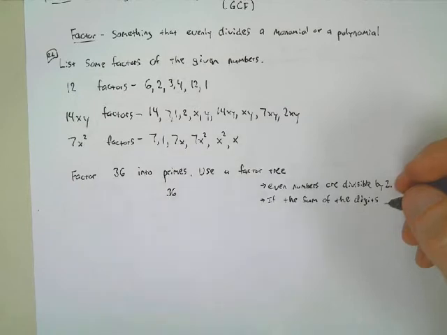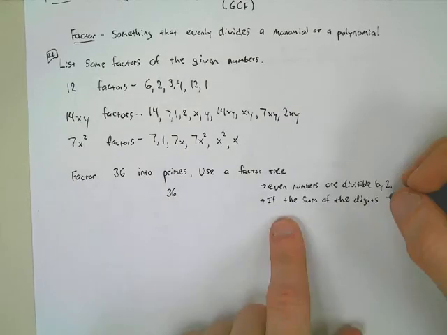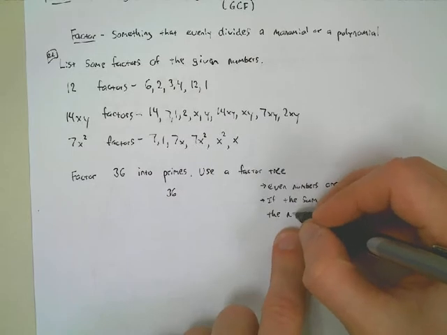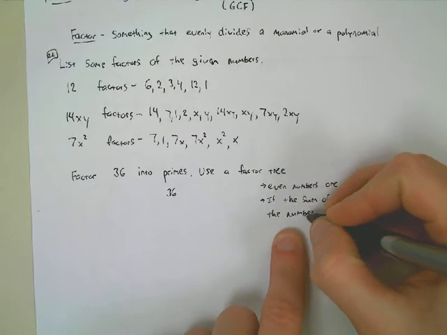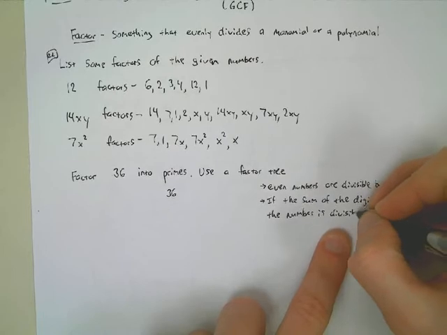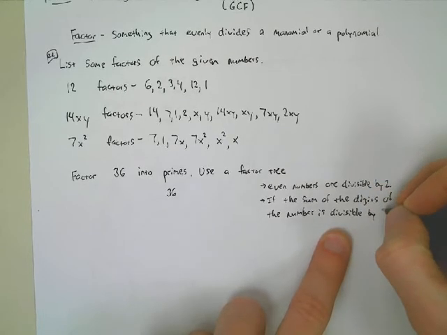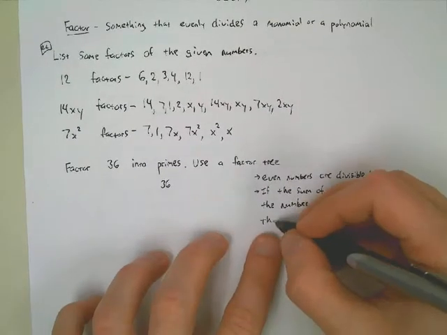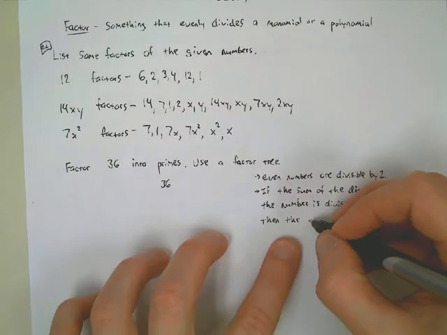So if the sum of the digits of the number is divisible by 3, then the number is divisible by 3.